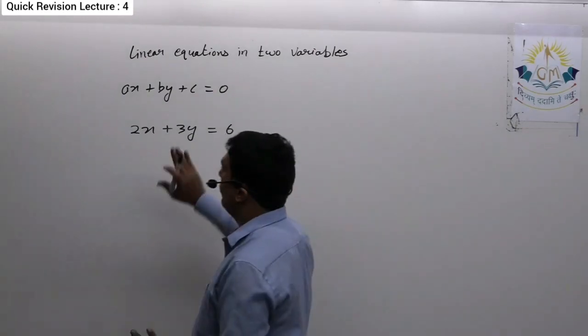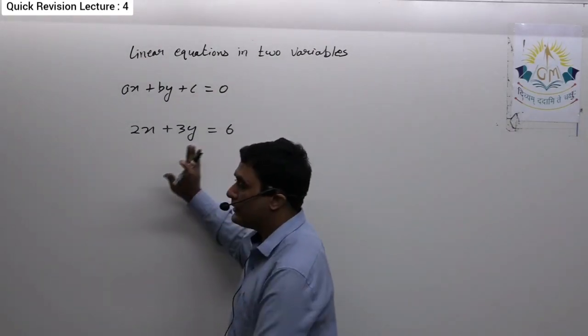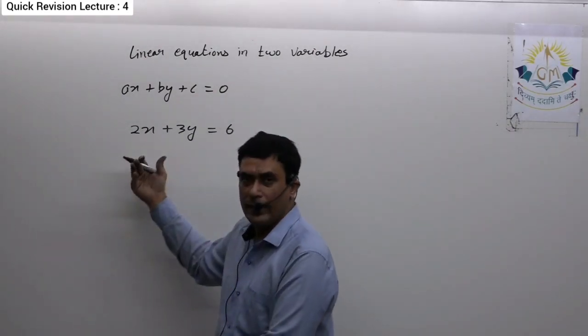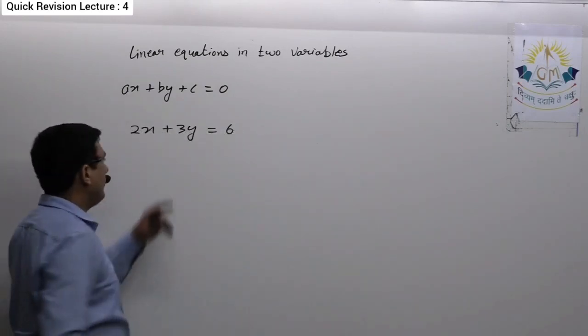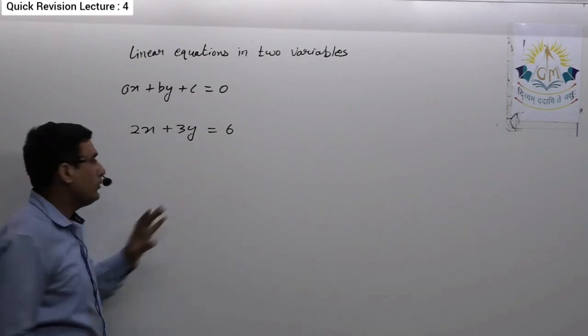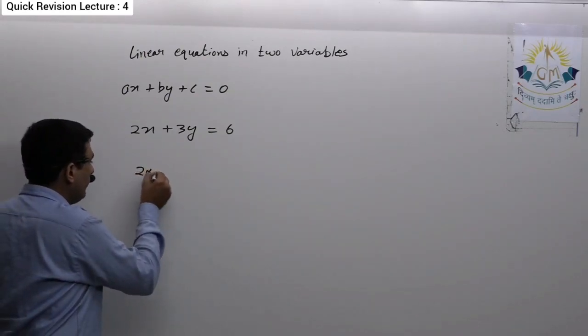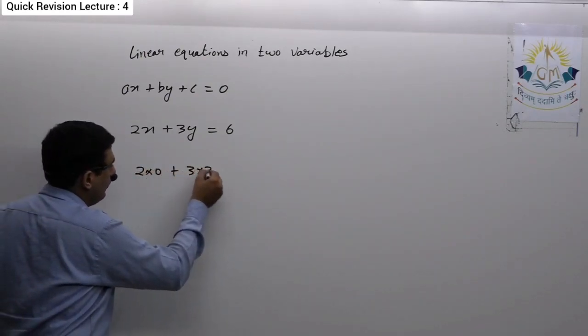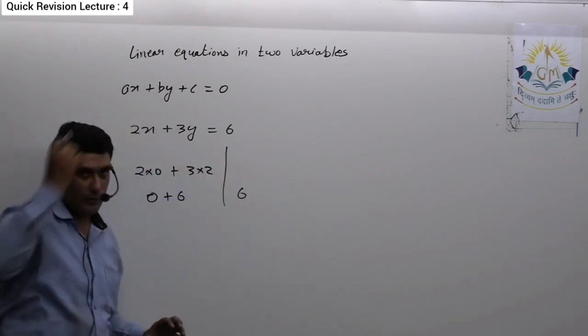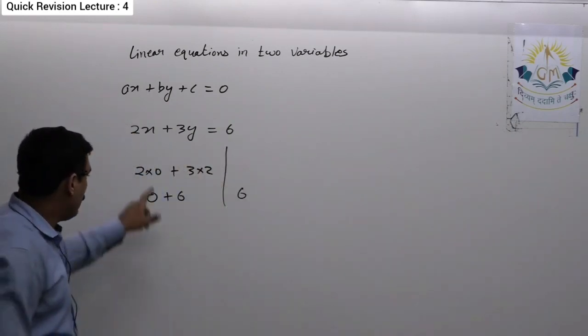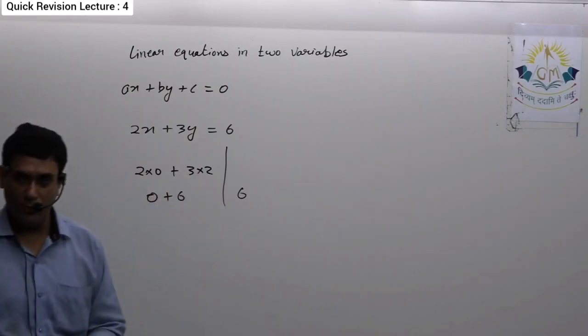Solution means those values of x and y which, when we put in the equation, satisfy it. For example, if I put x equal to 0 and y equal to 2, here it will be 2 into 0 plus 3 into 2, so 0 plus 6, and on the right hand side again I am getting 6. So I can say 0 comma 2 is the solution of the equation.